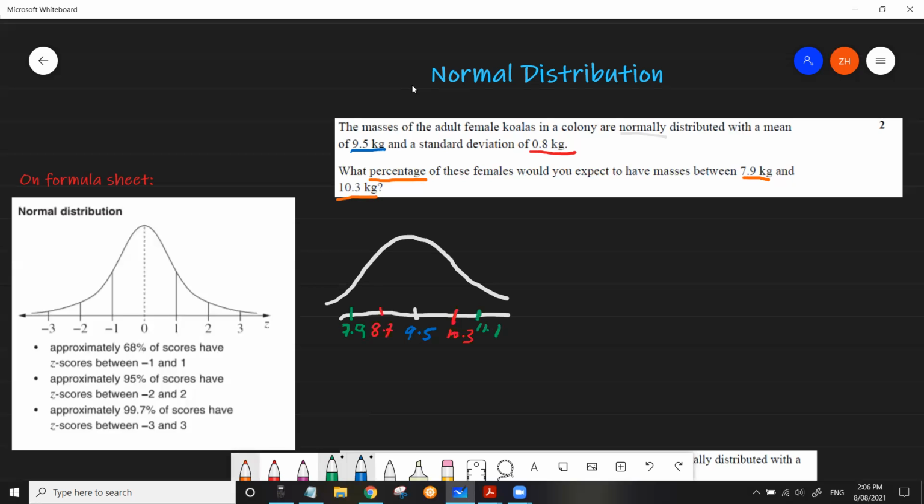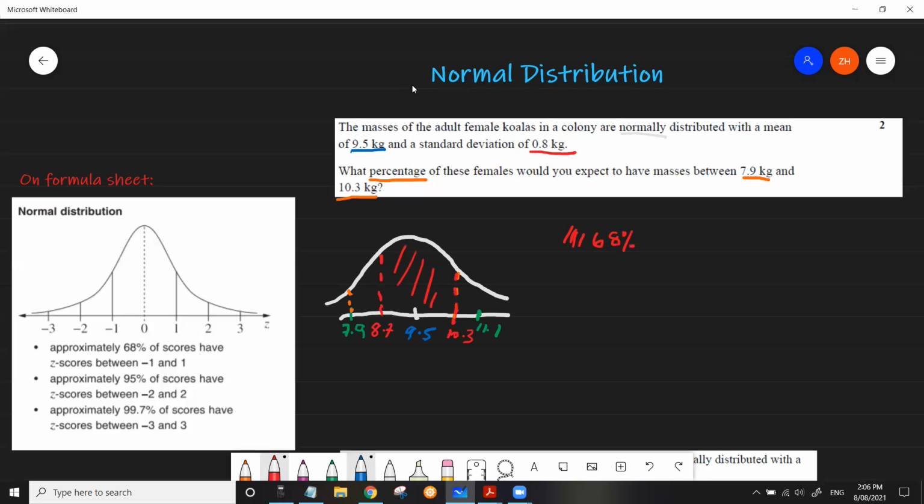So what we're essentially trying to find is the area from this 7.9 value up to our 10.3 value over here. If we look at that middle section, just going out by that first standard deviation, that's going to be 68%.